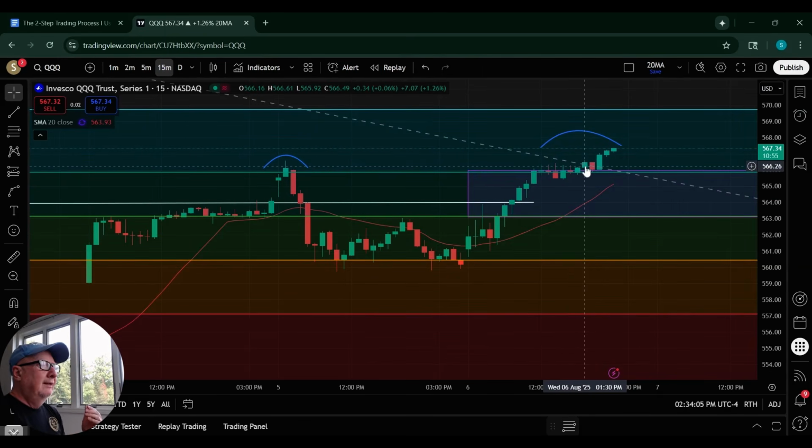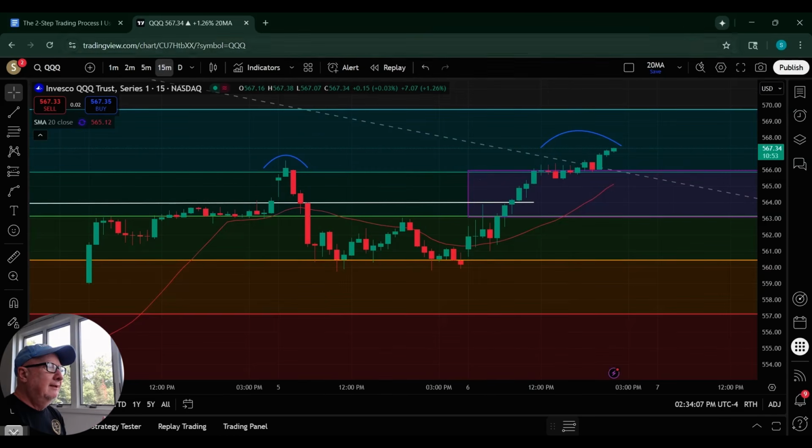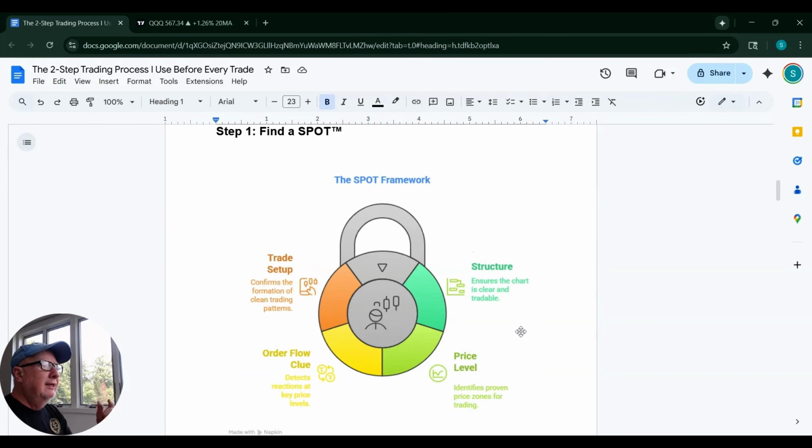So I don't have a trade to take yet, because if I go back to my structure, I've got the structure, I've got my price level that I'm watching, but the cues are actually behaving stronger than I want them to as of now for a setup.